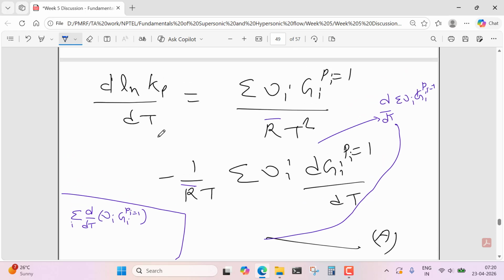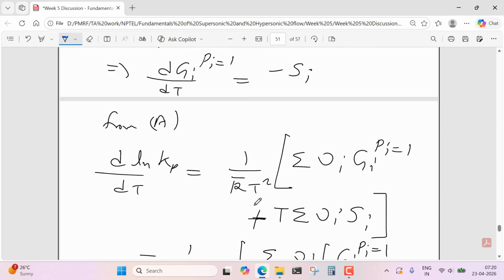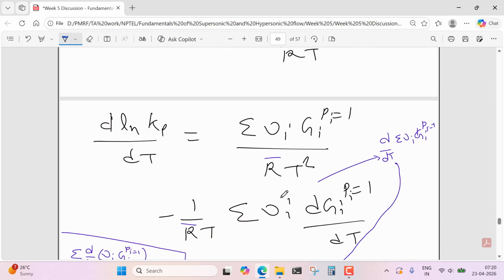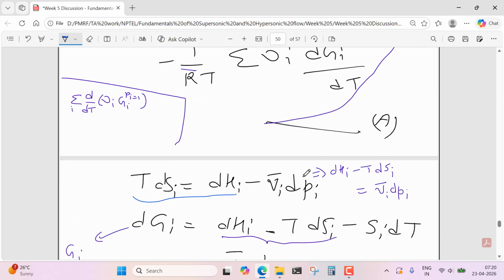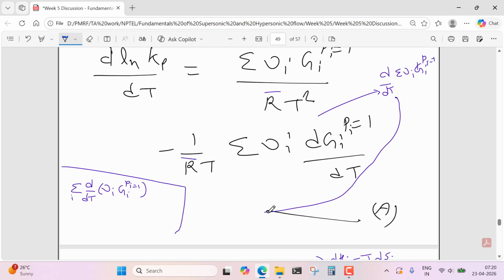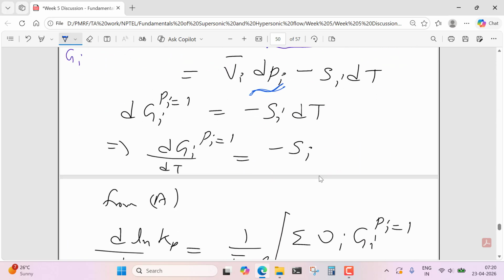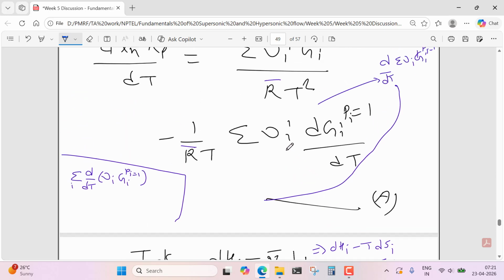So d log Kp upon dT will be equal to, here we will take R bar T square as constant. We will get 1 upon R bar T square sigma nu i Gi at Pi equal to 1. Here, if you put this dGi at Pi equal to 1 upon dT, it will become sigma nu i Si, and there will be a negative sign.